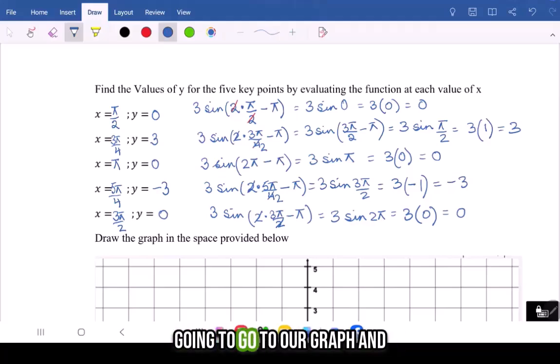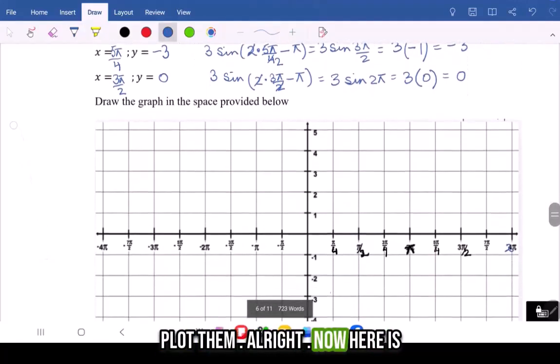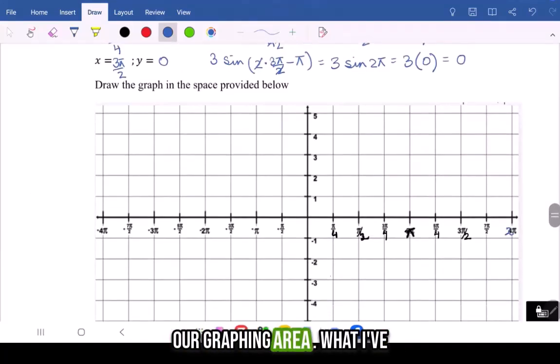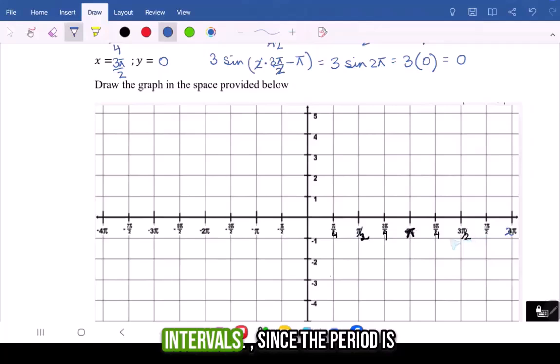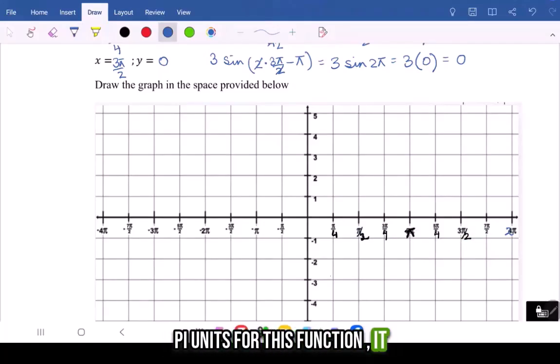We are going to go to our graph and plot them. All right. Now here is our graphing area. What I've done here is I have changed the intervals. Since the period is pi units for this function, it would be a very cramped graph.